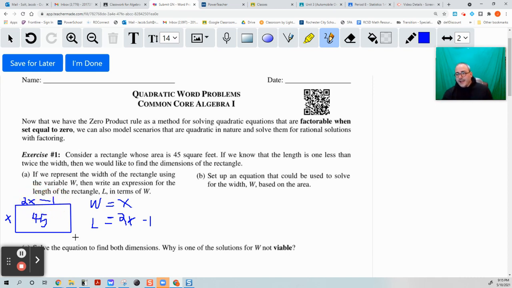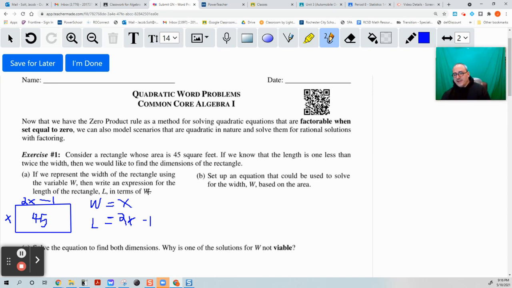Now I need to write an expression for the length of the rectangle, L, in terms of W. When it said in terms of W, I probably should have read this whole thing out once, because that would have given me a hint that I need to keep W as W, not x.